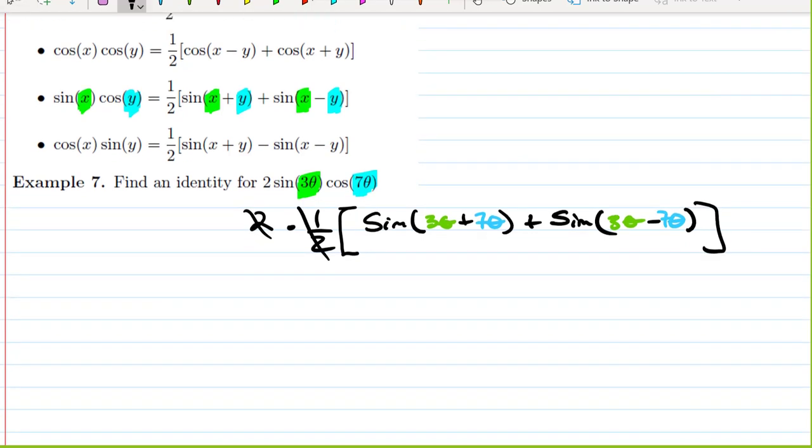Those reduce out, and then 3 theta plus 7 theta is 10 theta.